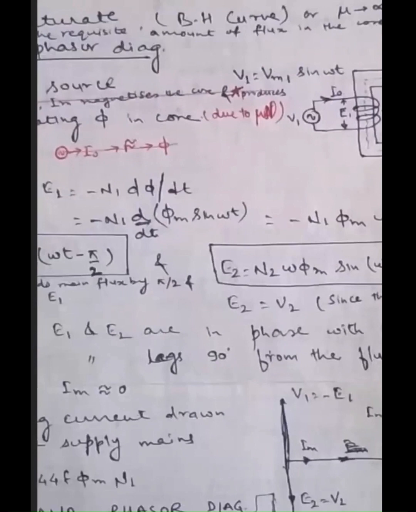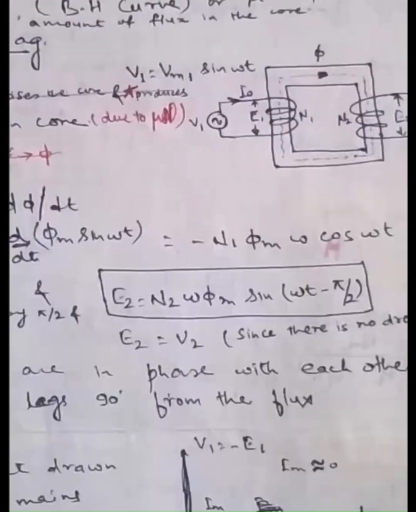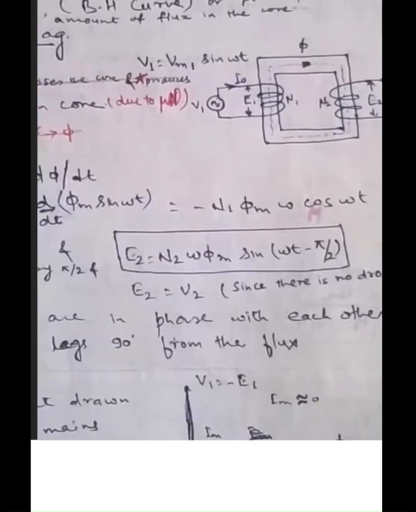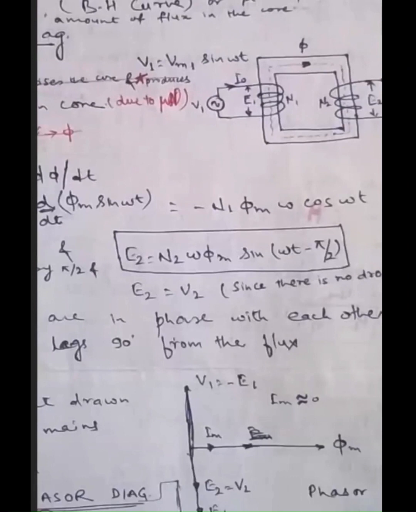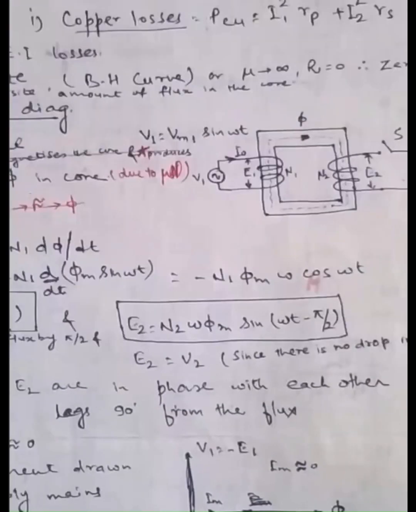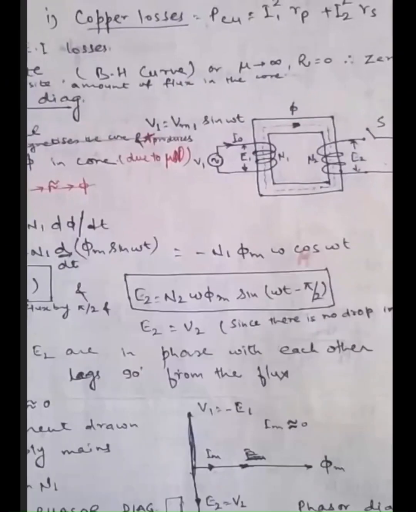Okay, minus this. Now you know that cos theta is equal to sin of 90 minus theta, so this cos theta is replaced by sin of 90 minus theta, and also sine of minus theta is minus sin theta.